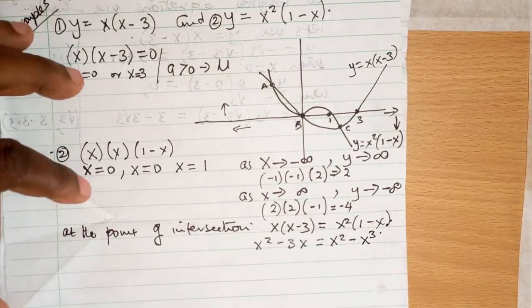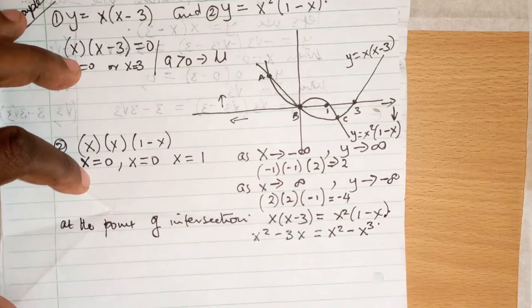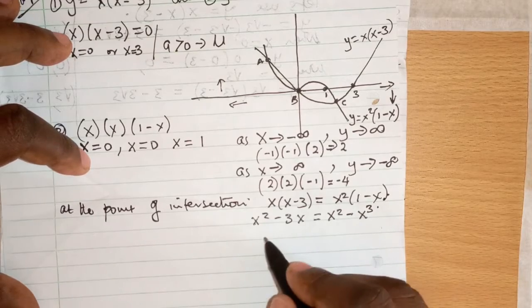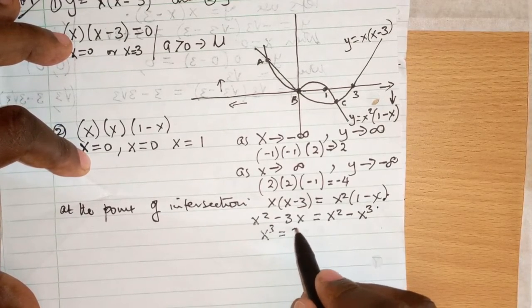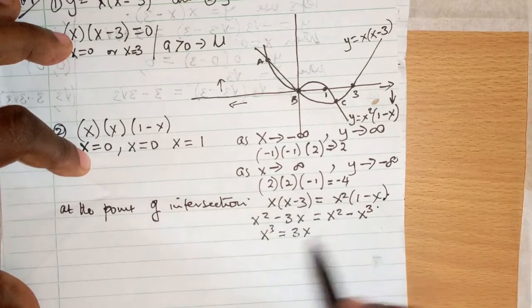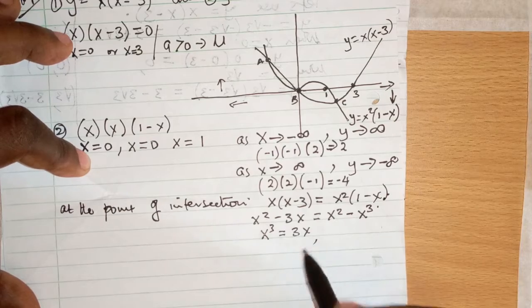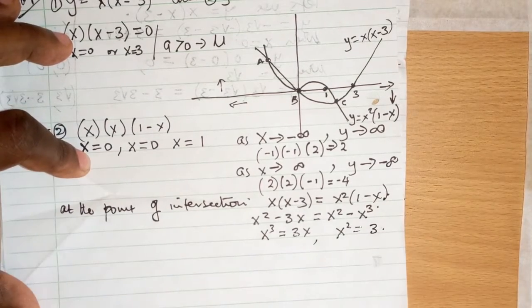And after we collect the like terms, you realize that you're going to have x cubed being equal to 3x, because the x squared will cancel with the x squared. Dividing both sides by x, you find that x squared is equal to 3.